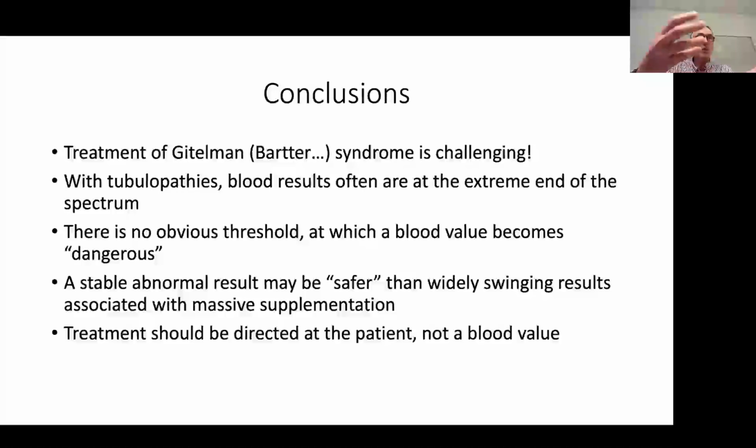So if you take a big dose of potassium supplement, your potassium will go up from 2.5 to maybe 5 when everything is absorbed. And then you start excreting it again in the urine. And an hour later, it's 2.5 again. And then you take another big dose and then it's up to 5 again. And then it goes down. So when you have these swinging values, I think that may actually be much more dangerous than having a steady low value. And again, the key message, treat your patient, not a number.